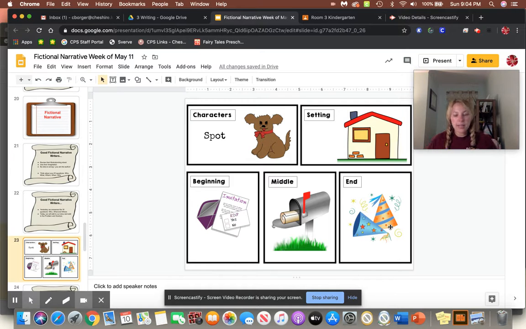It says, Spot is getting ready for his birthday at his house. First, he sent out invitations to his party. Now, I don't know that I want to say next in my writing, but I do want to show my reader, the person who's reading my story, that he goes to the mailbox every day.